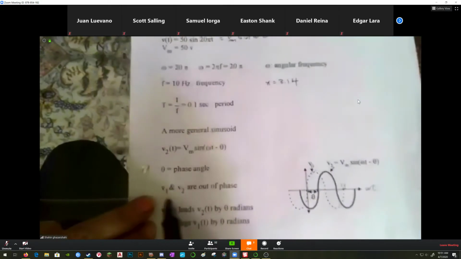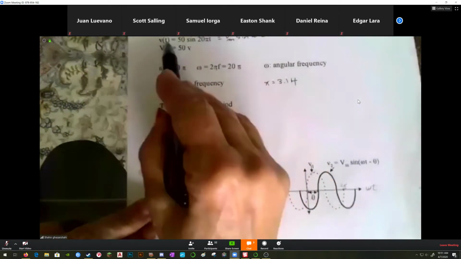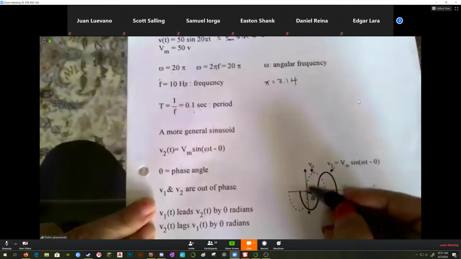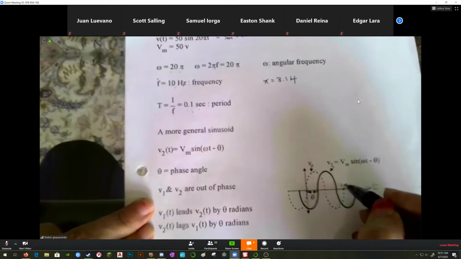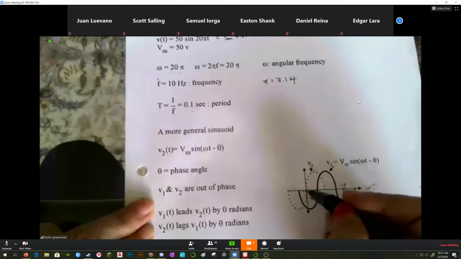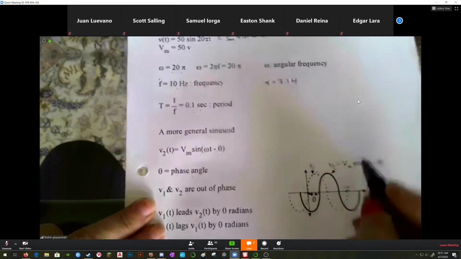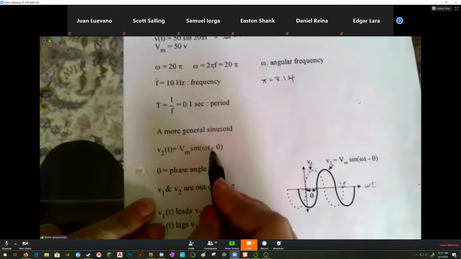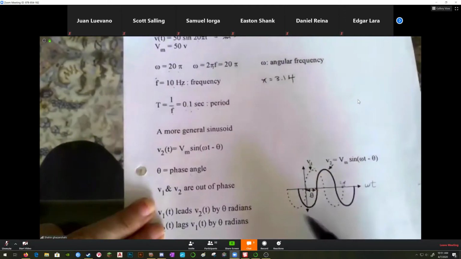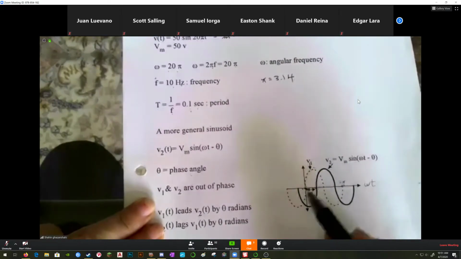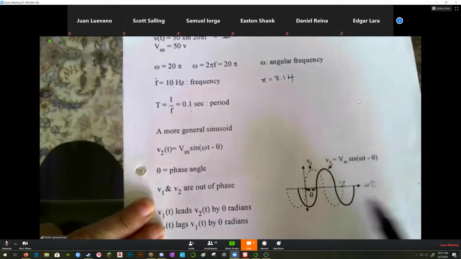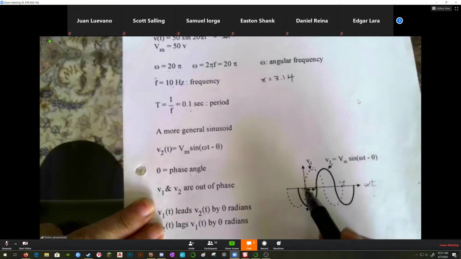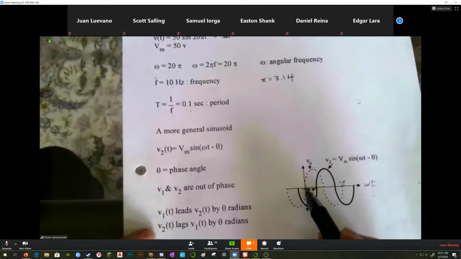So one more time, you plot V1, which is this line. When t is 0, the phase angle is 0. The second one is the same signal shifted by theta to the right, the solid one. So there is a phase angle difference between these two signals.